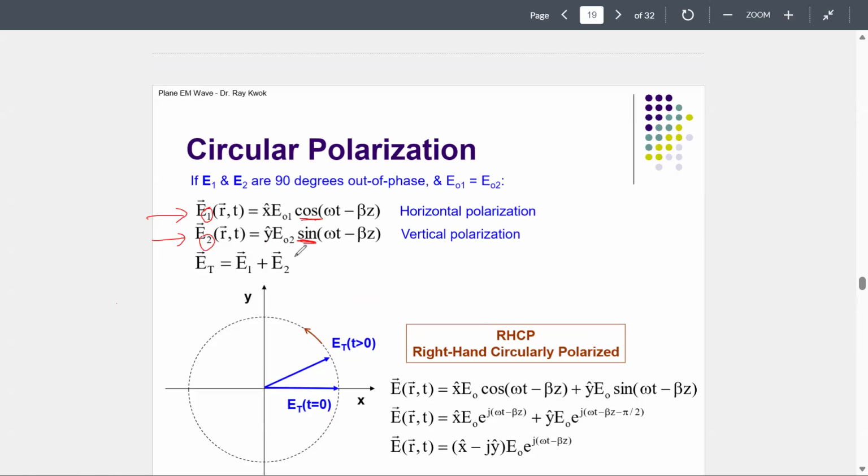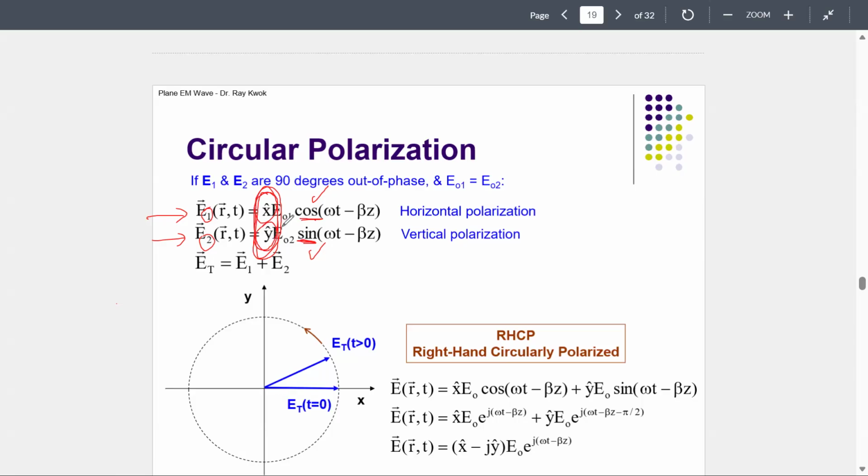You can create your own as long as I know what you mean. One has to be cosine, the other sine, with a 90-degree difference in phase. These two waves also have a 90-degree difference in space, perpendicular to each other. One is along the x direction, one is along the y direction.